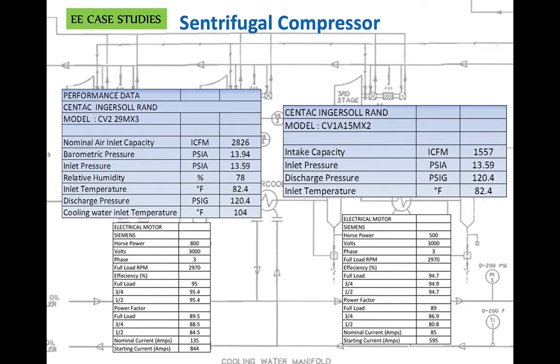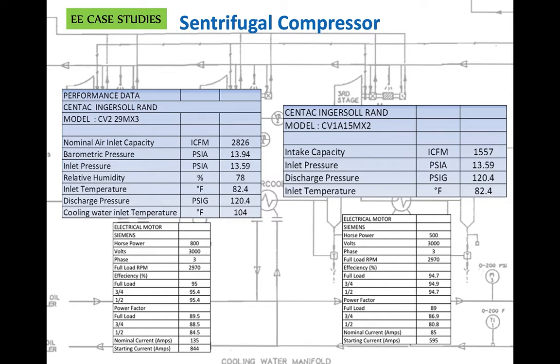Next, I explained to you that we found the nameplate of the compressor, as you can see in this slide. All of the compressors in the two compressor houses are the same brand, namely Ingersoll Rand, and all of them are centrifugal compressors.